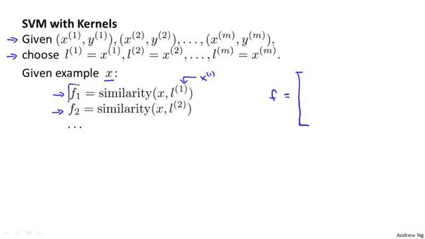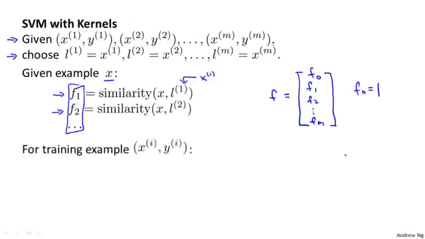I'm going to take these f1, f2, and so on, and just group them into a feature vector that goes down to fm. And just by convention, if we want, we can add an extra feature f0, which is always equal to 1. So this plays a role similar to what we had previously for x0, which was our intercept term.